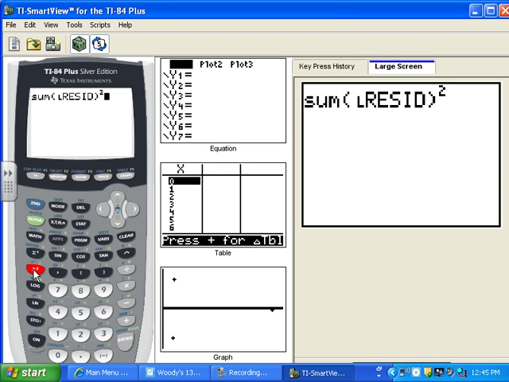That's not right. Did you put the square there? I didn't input that correctly. Maybe we have to square the residuals first?